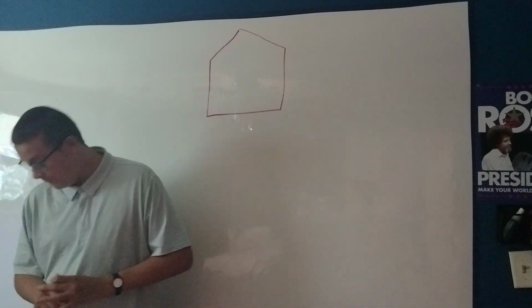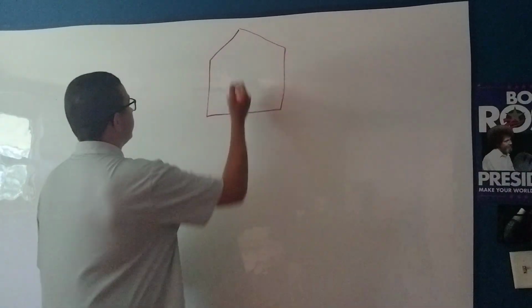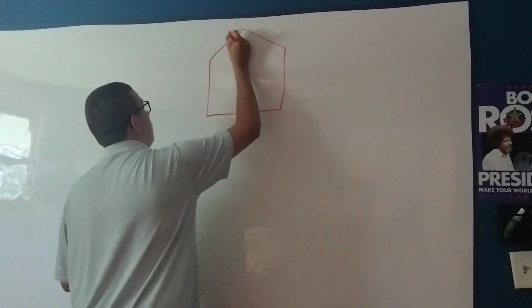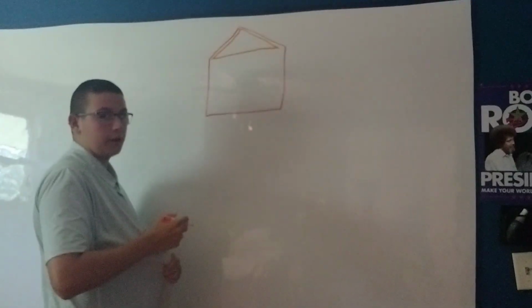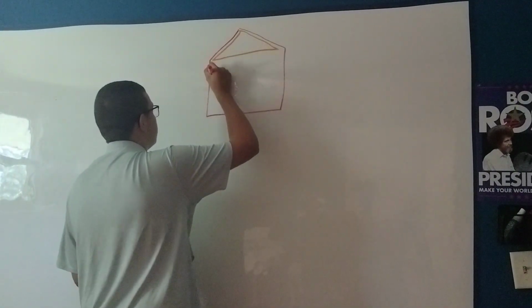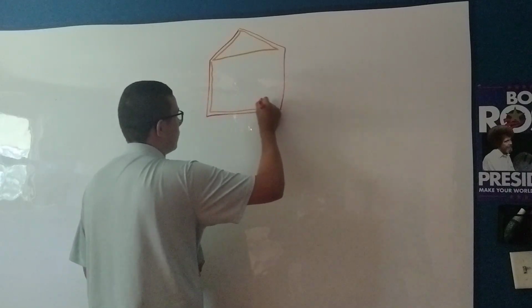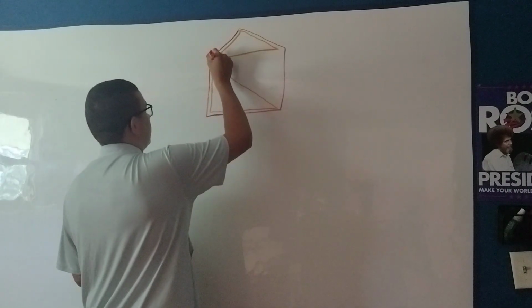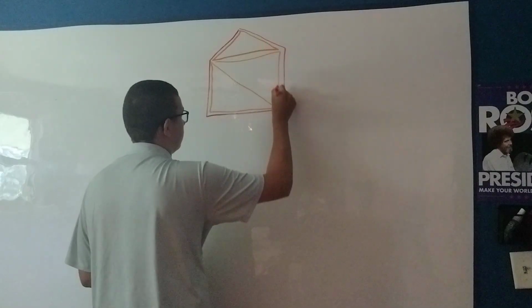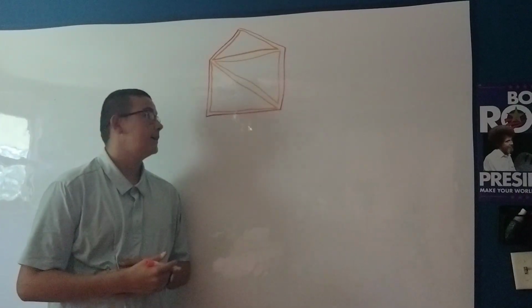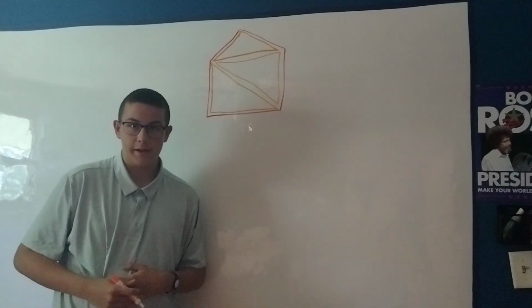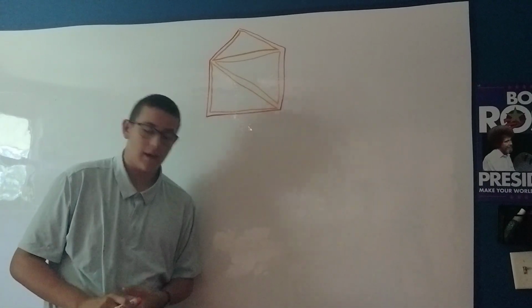If we were to draw as many triangles in here as we can, well, we can put one in this top part up here, and then we have like a square again. So we can do the same thing and put our two triangles down here, like that. And now we have three triangles, three groups of 180. 180 times 3 is 540.